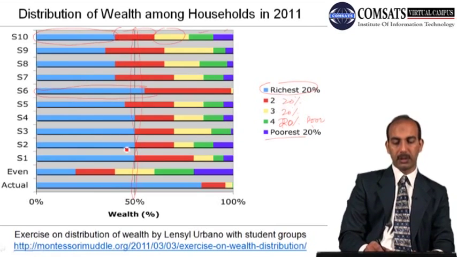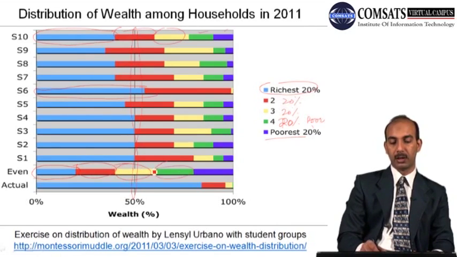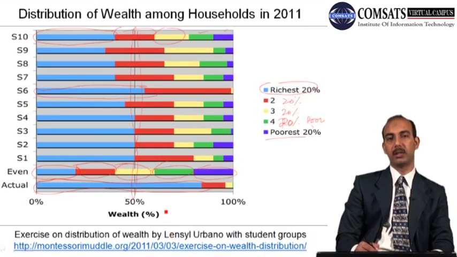And then if we divide the wealth evenly, each group of 20% will be getting this much share. But the actual situation is that about 80 to 90% is held by the top 20% of the rich people, and then about 7-8% is held by the rich people, or the upper middle class, you can say.